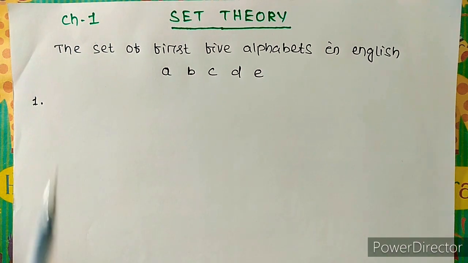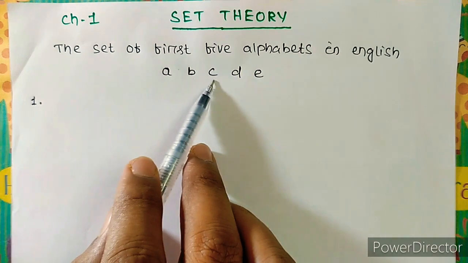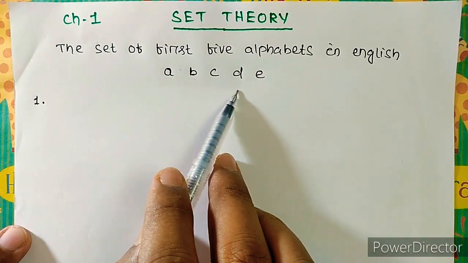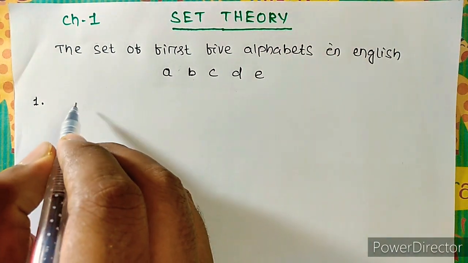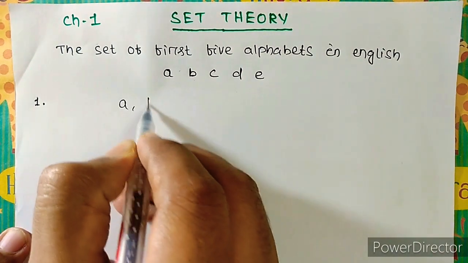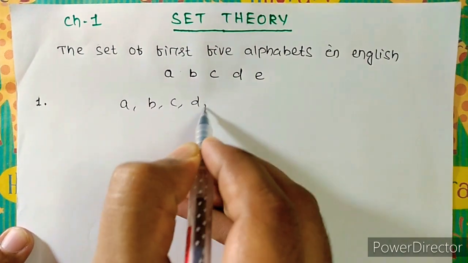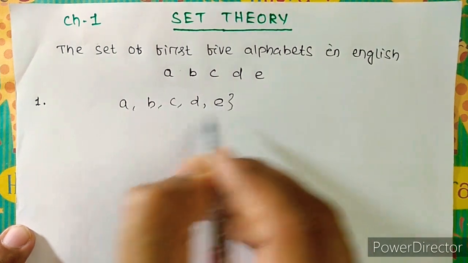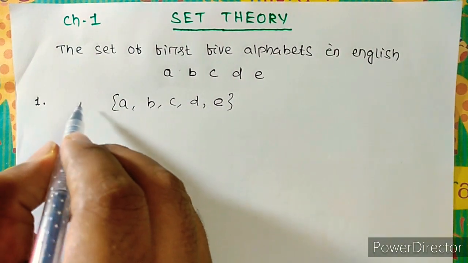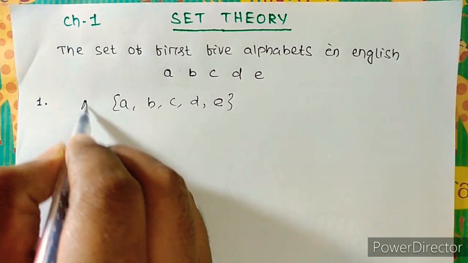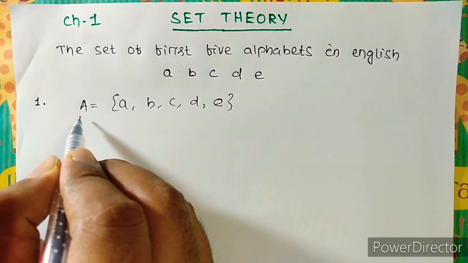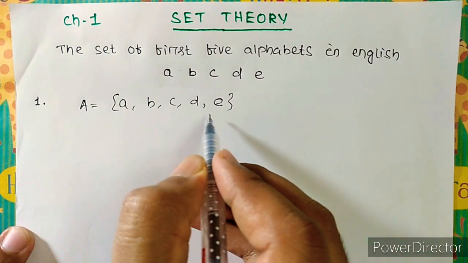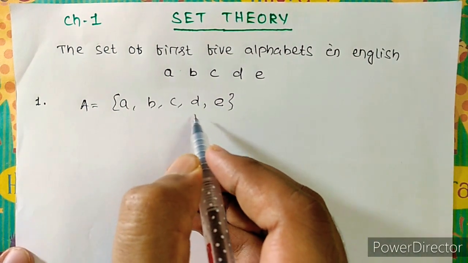While writing the answers, that is A, B, C, D, E, these are the elements of the set, and we represent the set as A. That means A is a set which includes these objects or data.